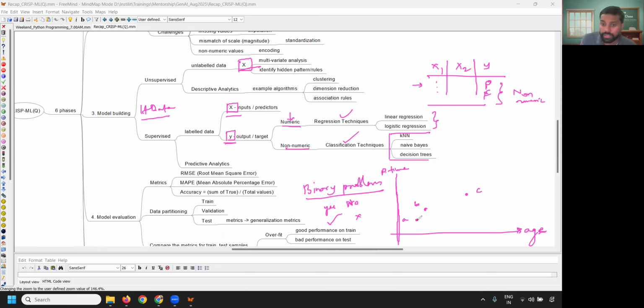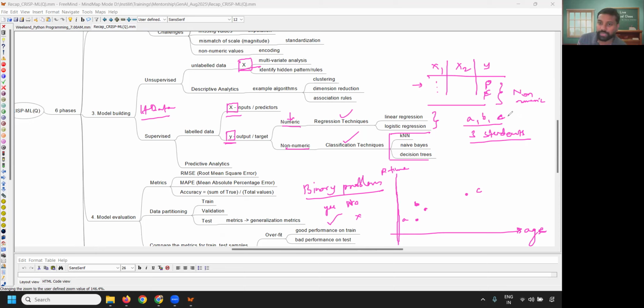Okay. Now looking at this image, can you tell me among the three students, which two students are similar to each other? Very simple. I have three students, A, B, C. Which pair of students are similar to each other?